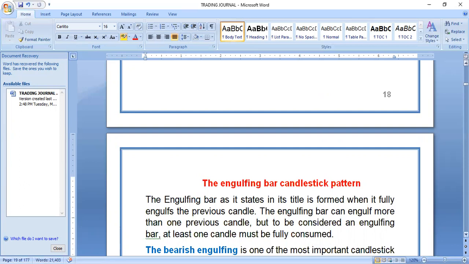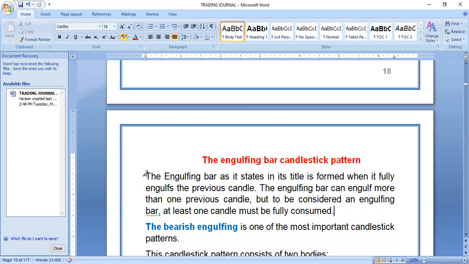It's a very important topic to every trader, either beginner or even a professional trader, that you should note wherever you are. The engulfing bar, as it states in its title, is formed when it fully engulfs the previous candle.